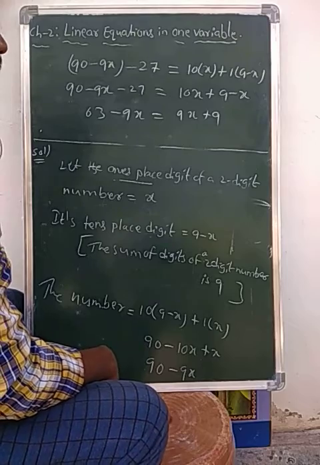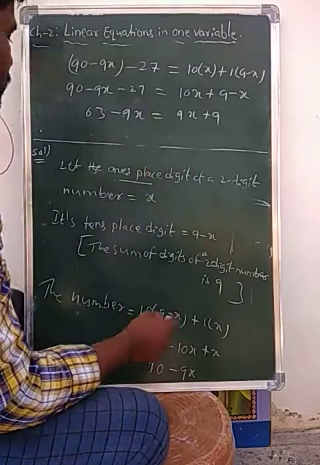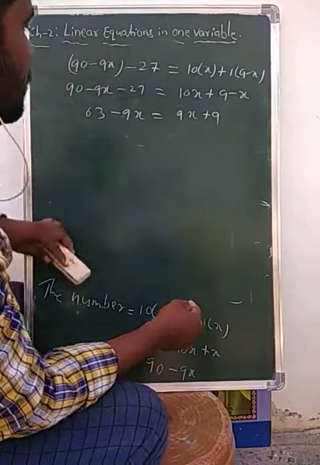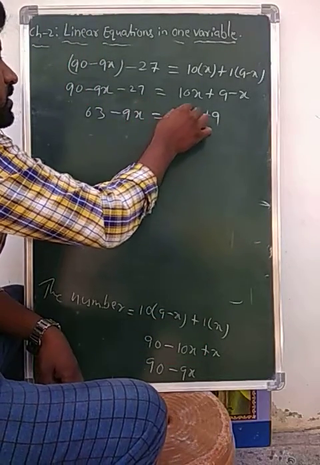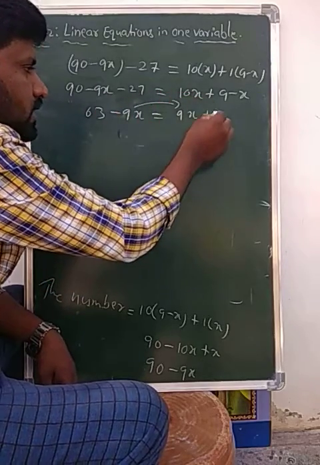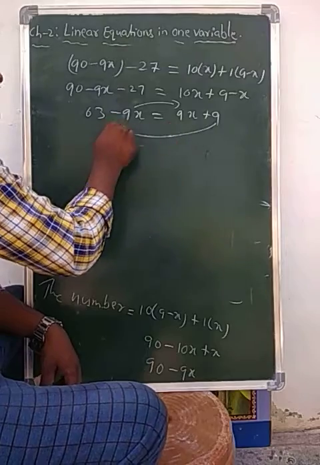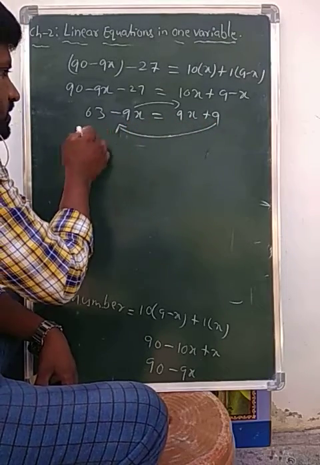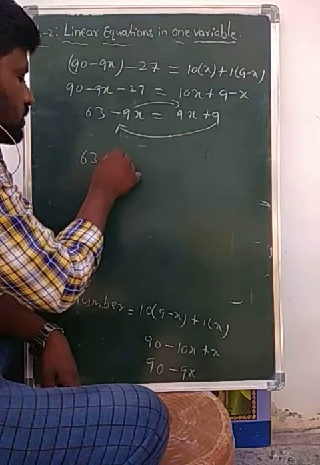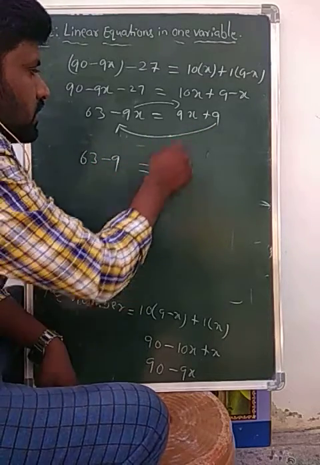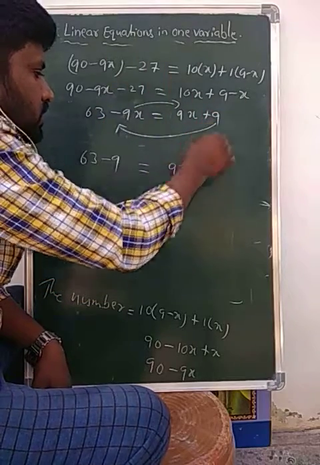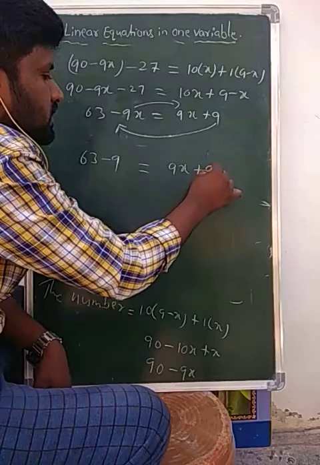Now clearly what I am doing here is transposing minus 9x from LHS to RHS side and transposing plus 9 from RHS to LHS side. So 63 is there, plus 9 transposing to LHS becomes minus 9, and minus 9x transposing to RHS becomes plus 9x.